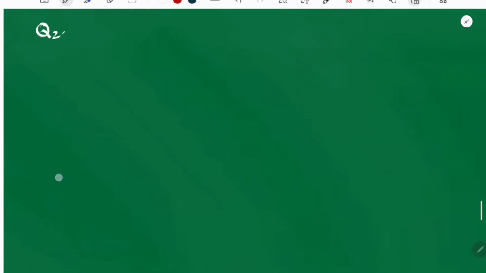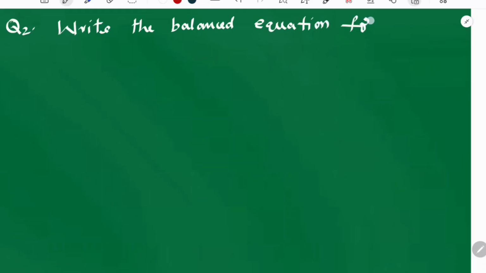Question number 2. Write the balanced equation for the following chemical reactions.